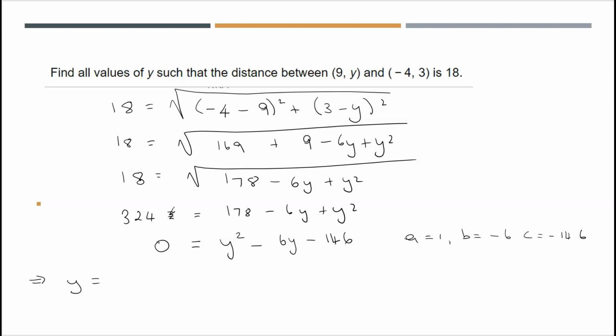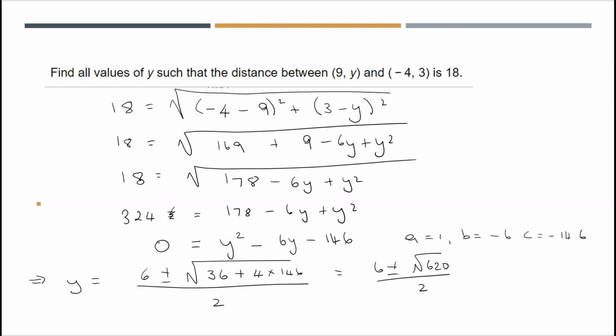So then I would say 6 plus or minus the square root of 36 plus 584, all over 2. Now I can write that as 6 plus or minus the square root of, what do we get, 620.